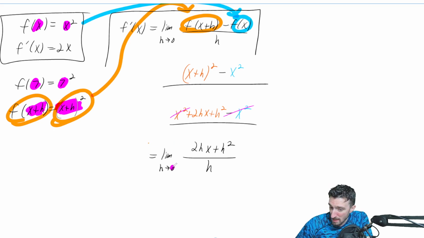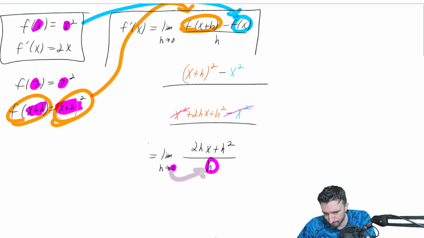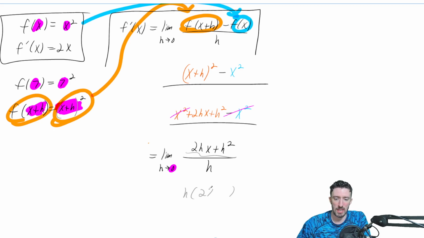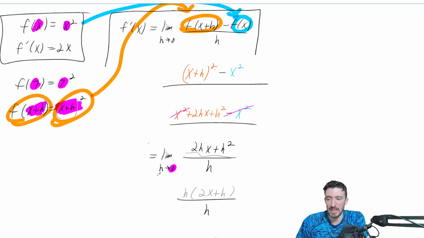Now, if I try plugging in this 0 right now, I got a problem where I'm going to be very upset with you because you're not supposed to be dividing by 0. So turns out what you want to do is factor the top. And when you factor the top, you're going to get 2x plus h. On the bottom, we have our h, but that h that I just factored out is going to cancel here, which relieves our little problem.